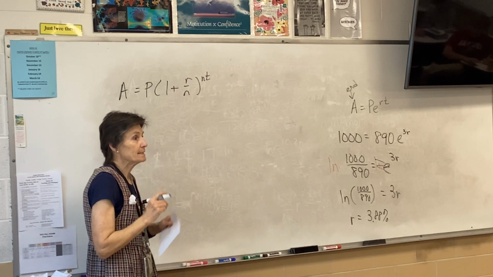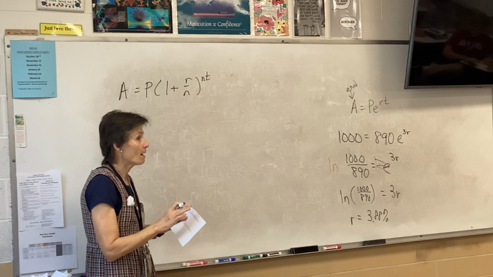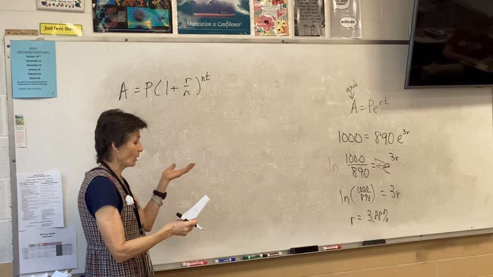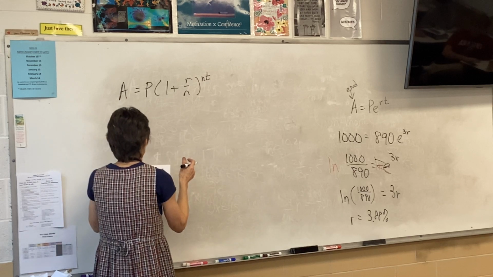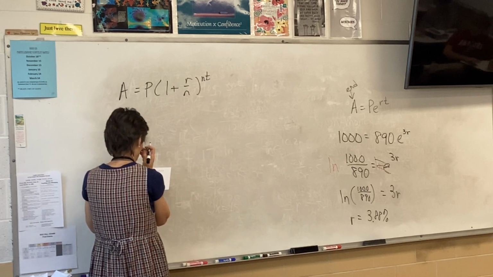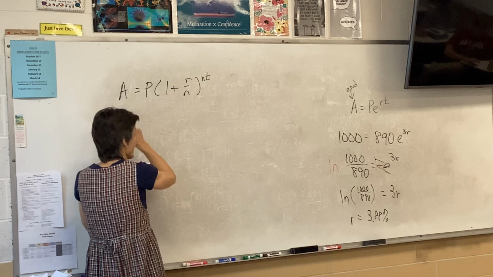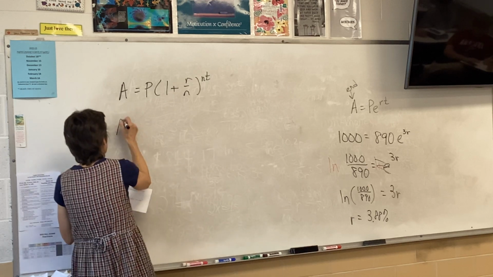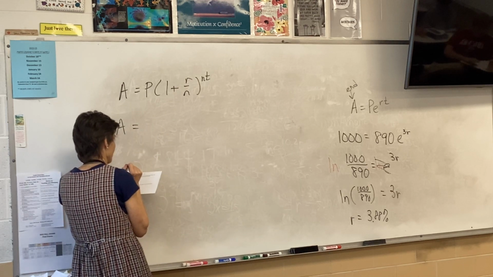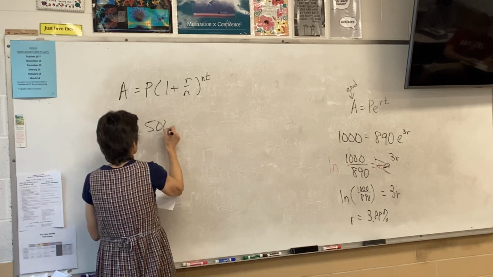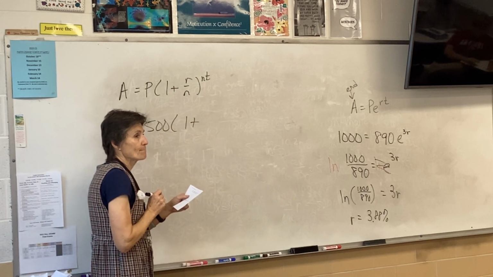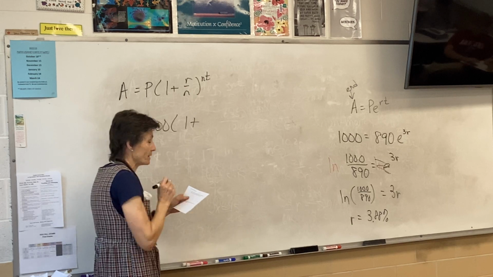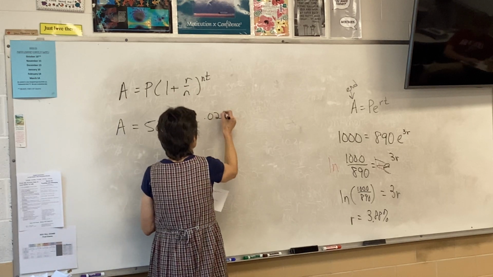Now what? Start plugging in numbers from the problem. So, what do we plug in? Do I know an A? Nope, don't know an A. Do I know a P? Yeah, 500. Do I know an R? Yeah, 0.024.